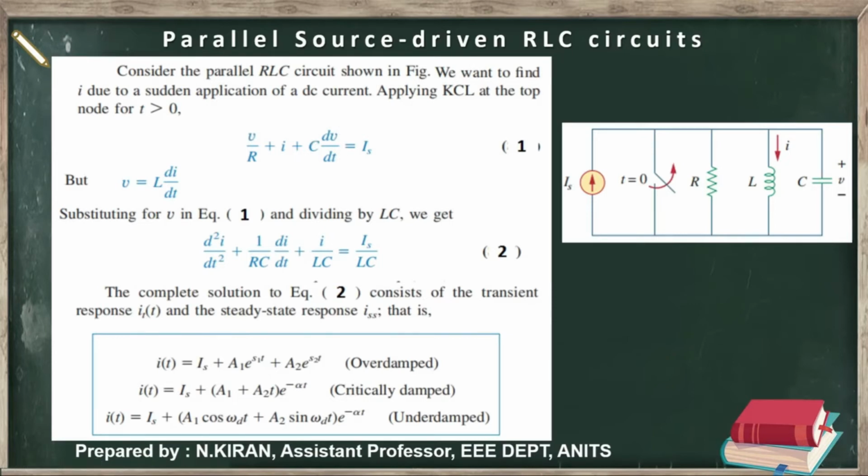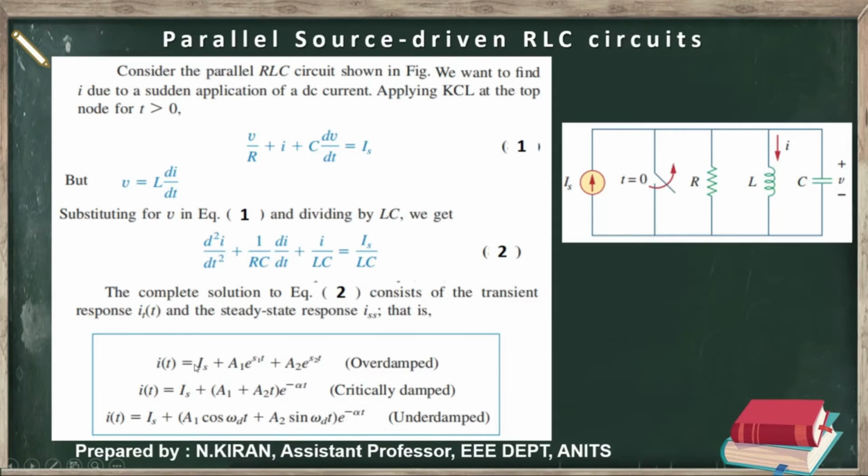We know the voltage across the inductor is L into di by dt. Substituting this in the first equation and differentiating, we will get d square I by dt square plus 1 by RC into di by dt plus I by LC is equal to Is by LC. Therefore this also is a second order differential equation whose response can be found in three cases.